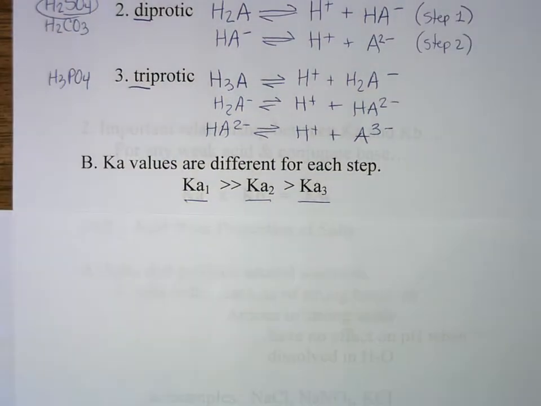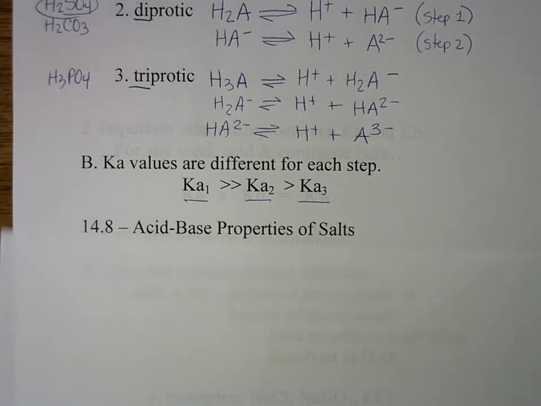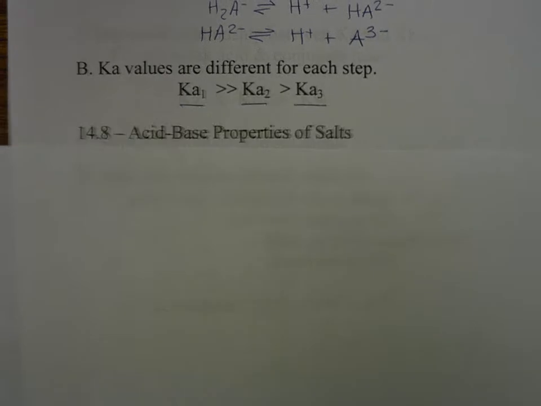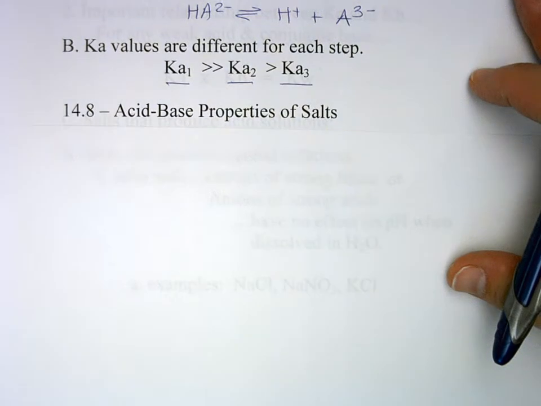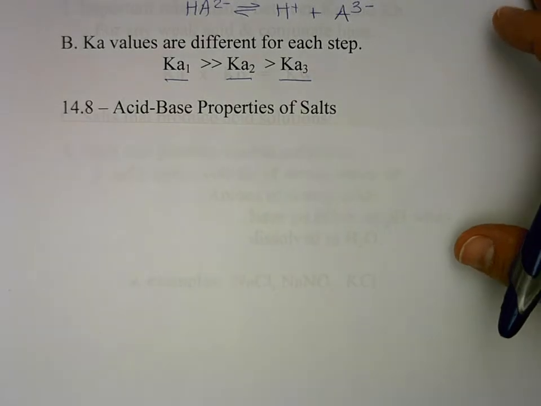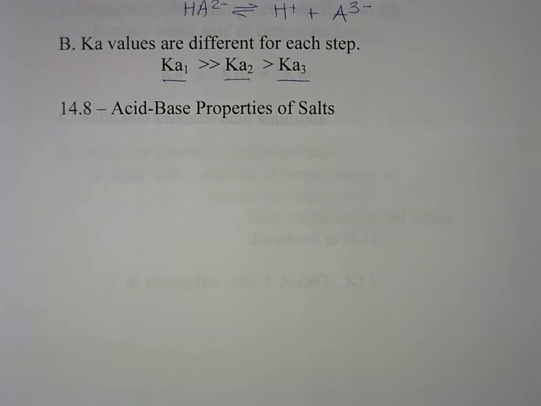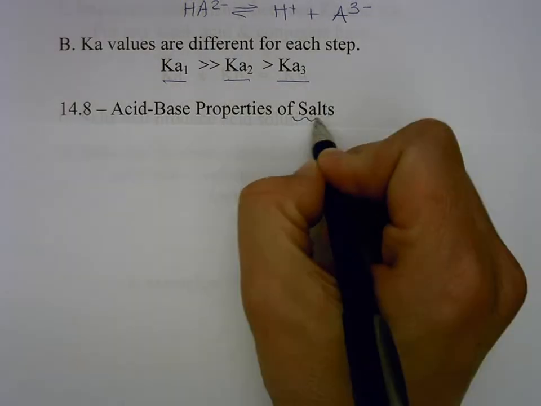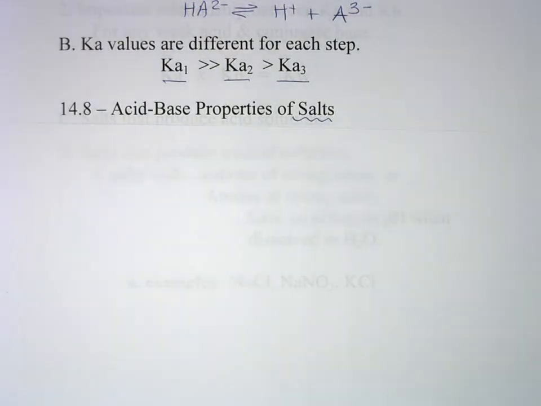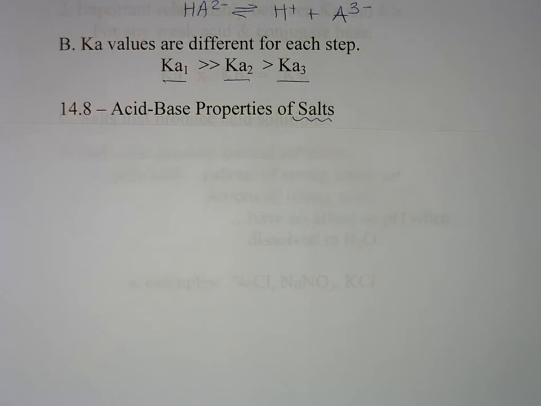Now remember, in chapter 14, the question is always pretty much, what is the pH? Okay, that's not changing here. In section 14.8, the question is still, what is the pH? But instead of dealing with things that are obviously acids, like they have the hydrogen ion, or obviously bases, like NH3 or some hydroxides, we're dealing with salts.